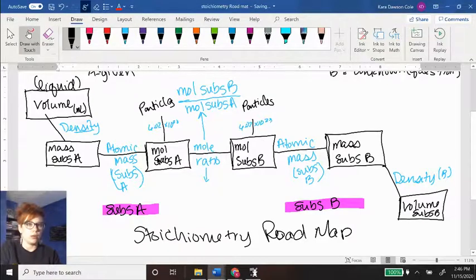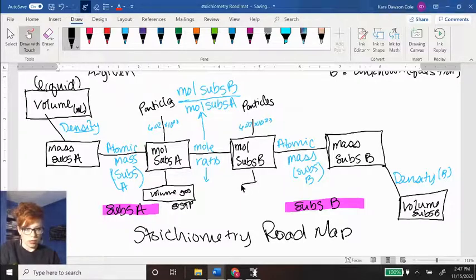But you also had off of here volume. And this was a gas. This was at STP. Same thing here. So you had volume of a gas.